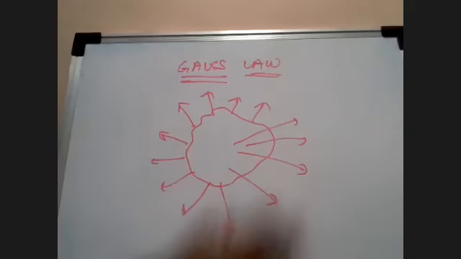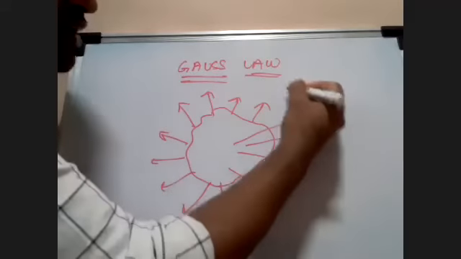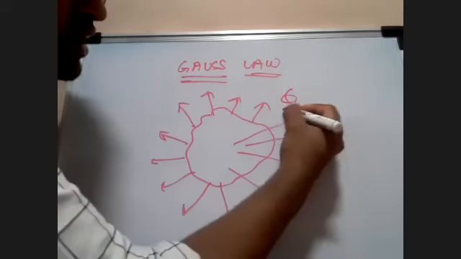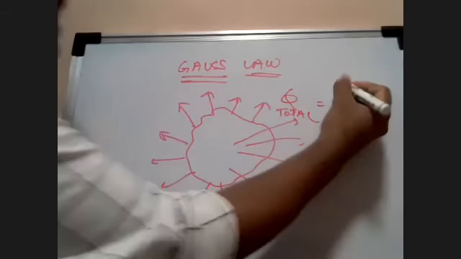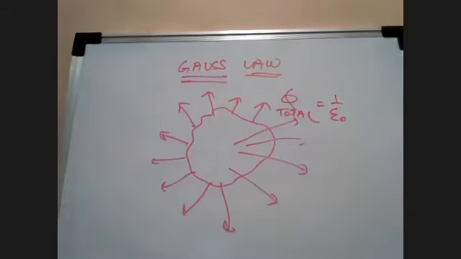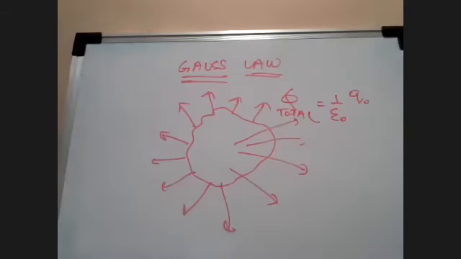So total flux is equal to 1 by epsilon naught times the charge enclosed by this surface, which I will take as Q naught.